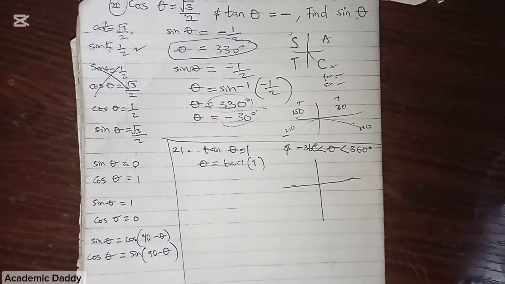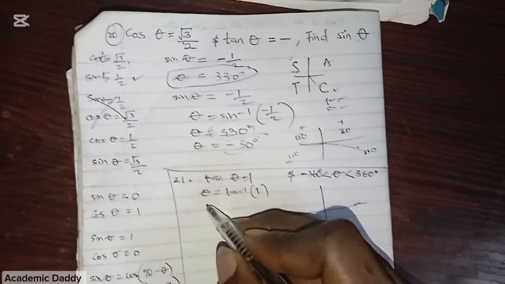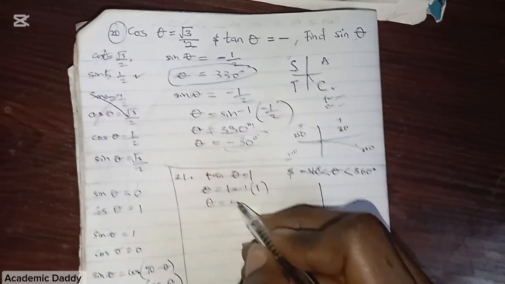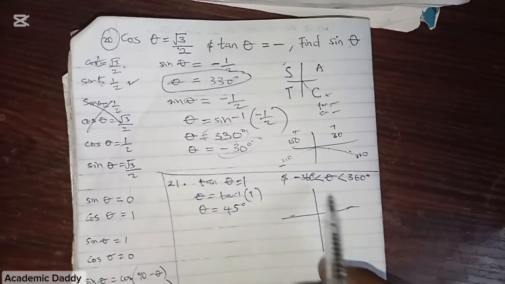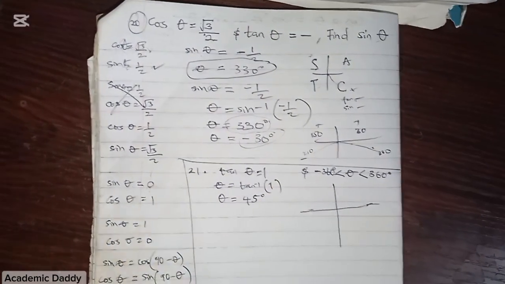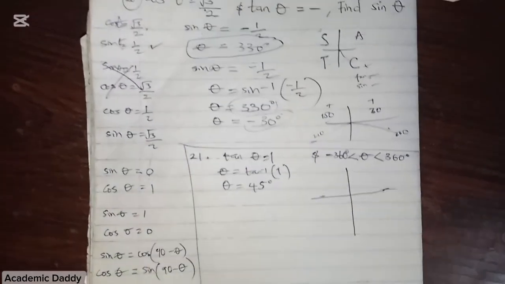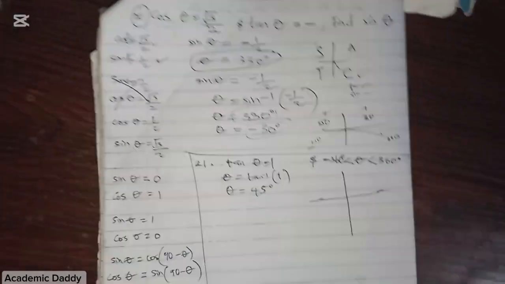Tan inverse of 1 will be equal to 45 degrees. So tan inverse of 1 is 45 degrees. That means theta is 45 degrees here.